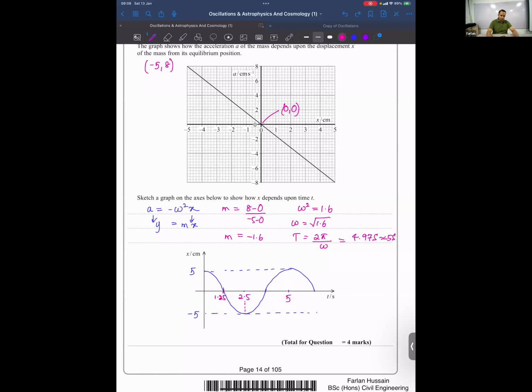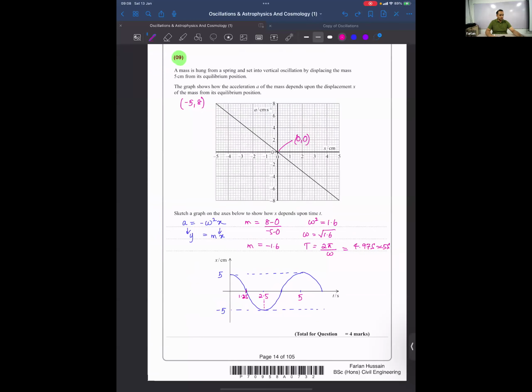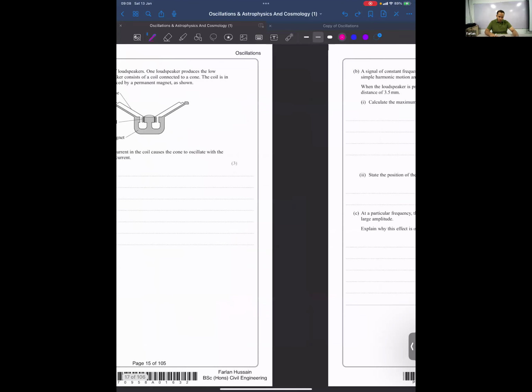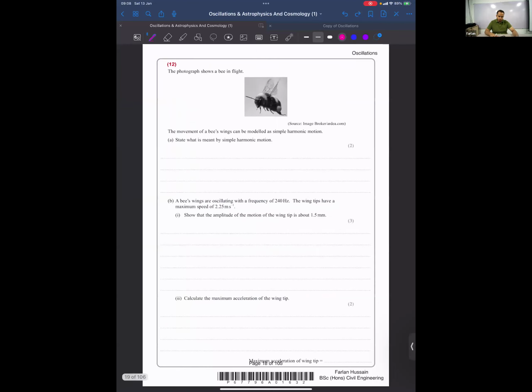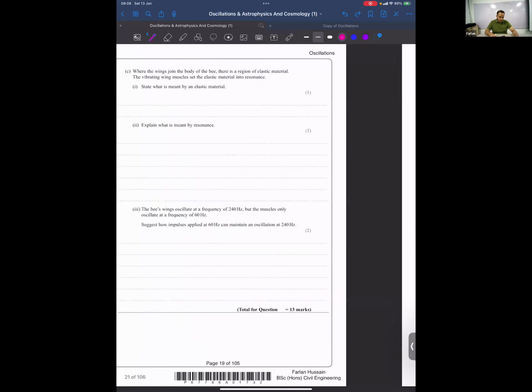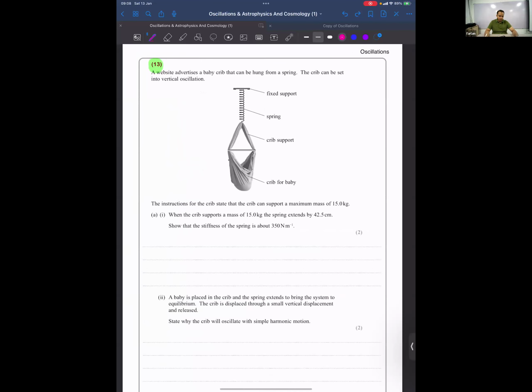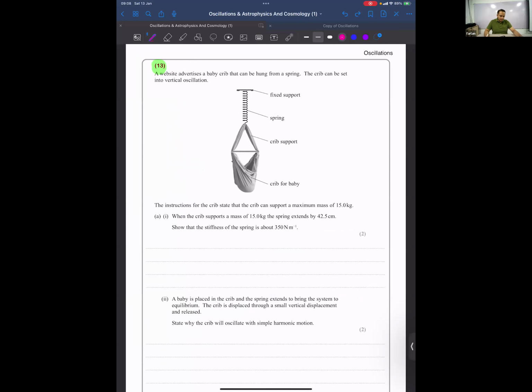The next one is the 13th one. Question 13. A website advertises a baby crib that can be hung from a spring.